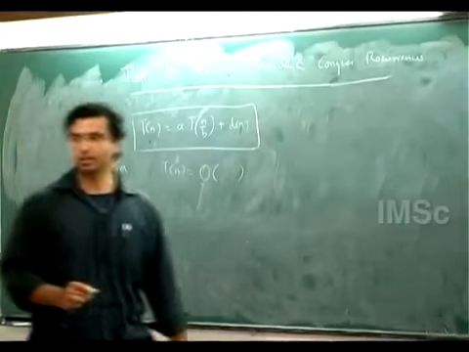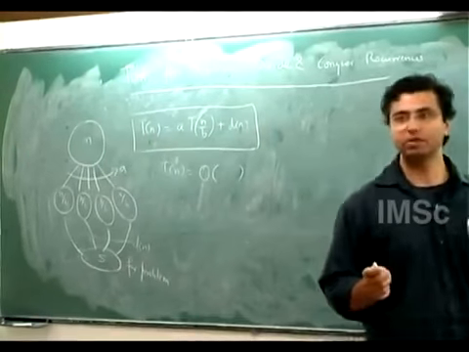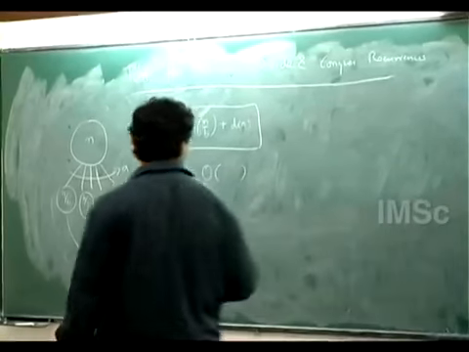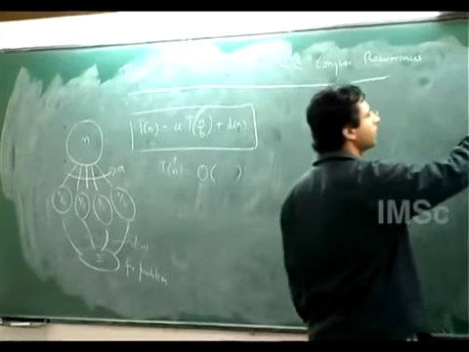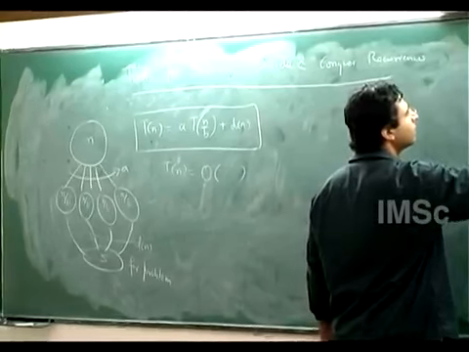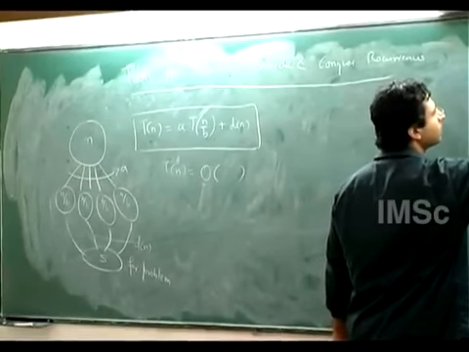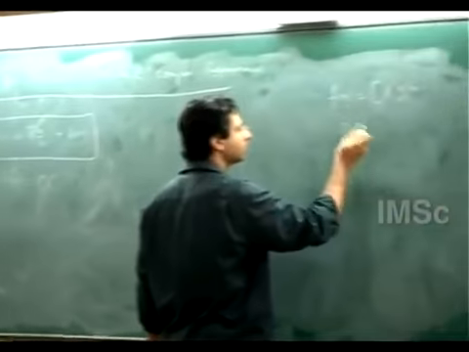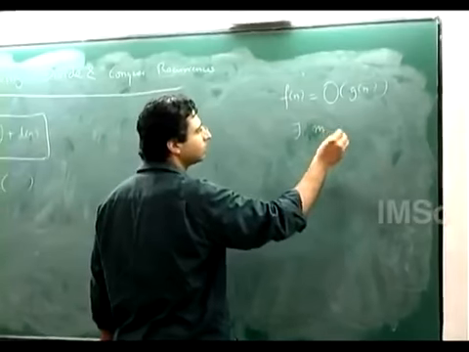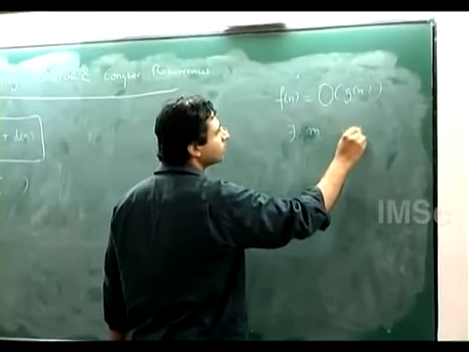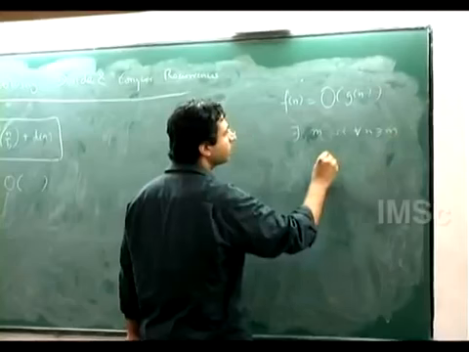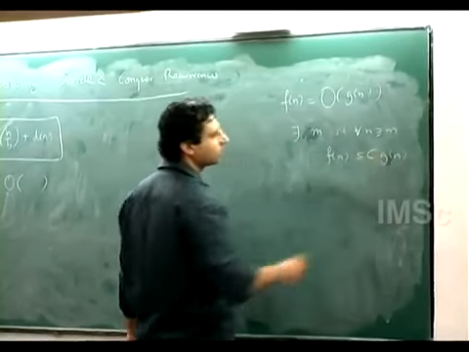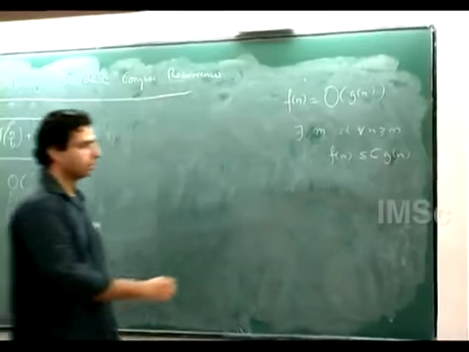Is everyone familiar with the big O notation? If I say some function f of n is big O of some other function g of n, that means there exists some number m large enough such that for all n beyond this number m, f of n is less than some constant times g of n.